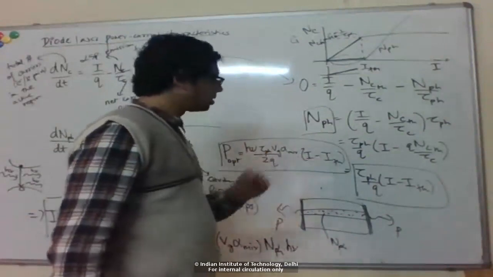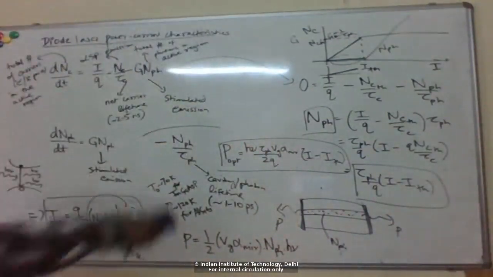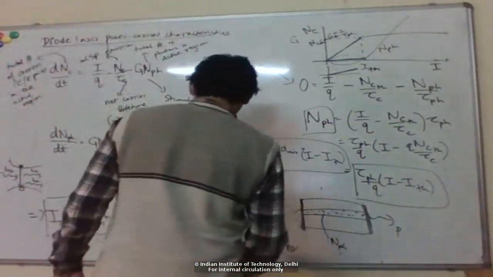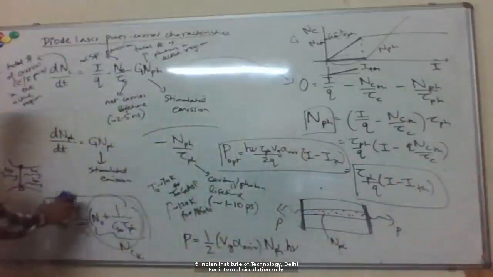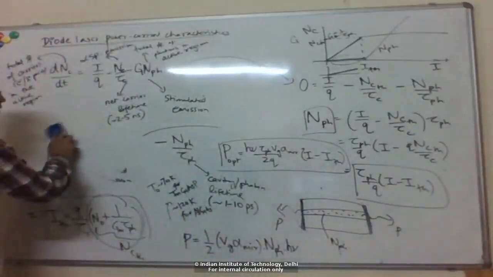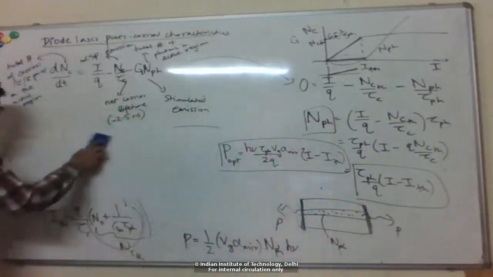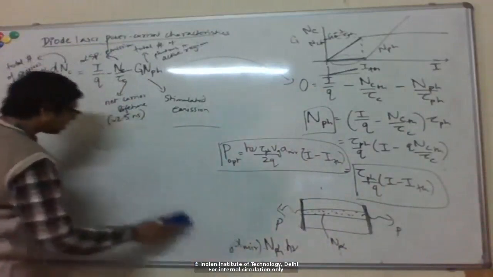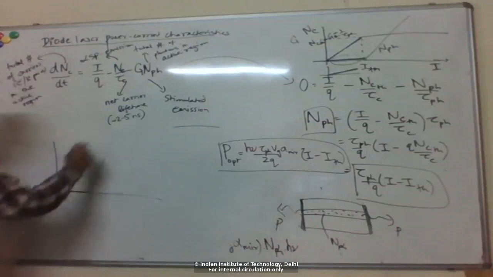So some constant times I minus I threshold. So the LI curve or the PI curve for a laser is linear above threshold, but overall it's non-linear. Unlike the LED, where it's basically a straight line starting from 0, for the laser it's sort of like that.